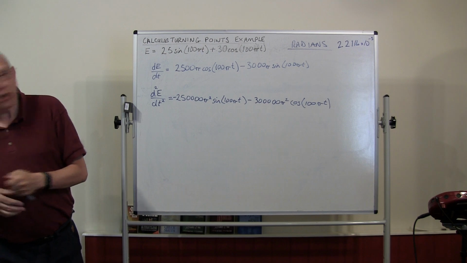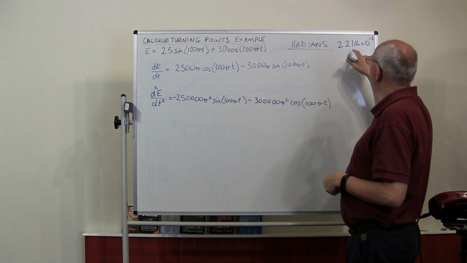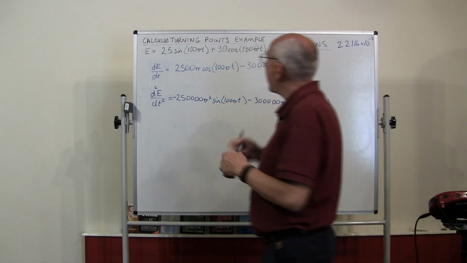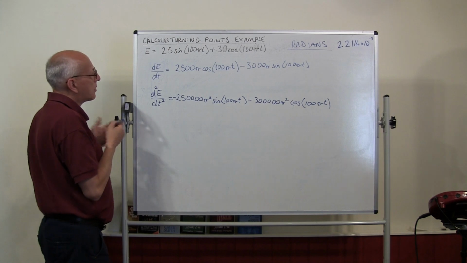Let's have a look. So what you would have to do is go back to my original formula, put this value in to there, where t is, to the two t values, and do the maths.